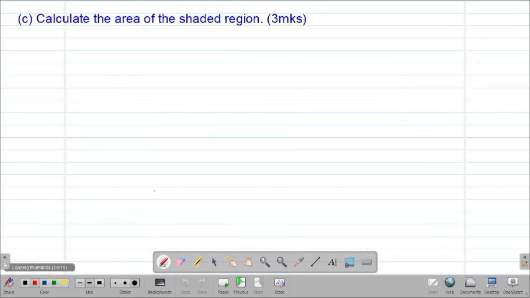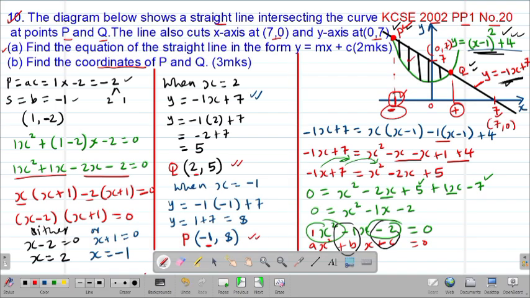Then we check part C of the question, whereby we are told to calculate the area of the shaded region. The shaded region is the region bounded between the curve and the line.